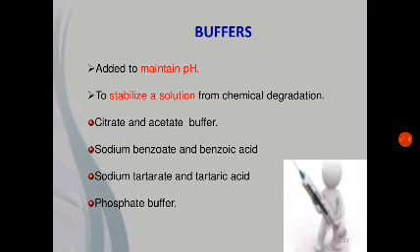Then buffers are added to maintain a particular pH, and are also used to stabilize a solution from chemical degradation. The commonly used buffer systems include citrate buffer and acetate buffer. They have acidic pH, and sodium benzoate and benzoic acid, sodium tartrate, tartaric acid, and phosphate buffer are some of them.